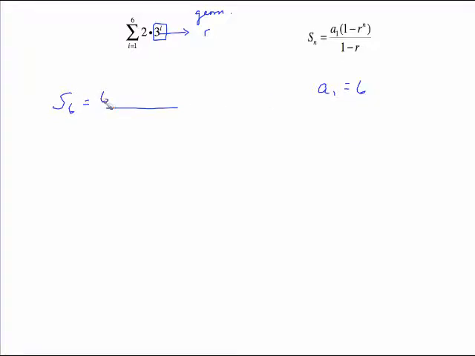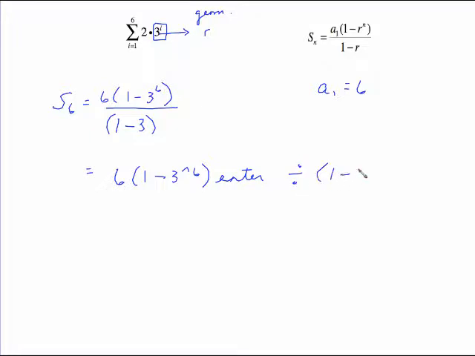So this is 6 times 1 minus the ratio of 3 raised to the 6th power, close your parentheses, over 1 minus 3. If you want to do a lot of this on the calculator, you could put parentheses around the 1 minus 3, and you could enter 6, parentheses, 1 minus 3, caret 6, close the parentheses, enter, and then divide by parentheses 1 minus 3.